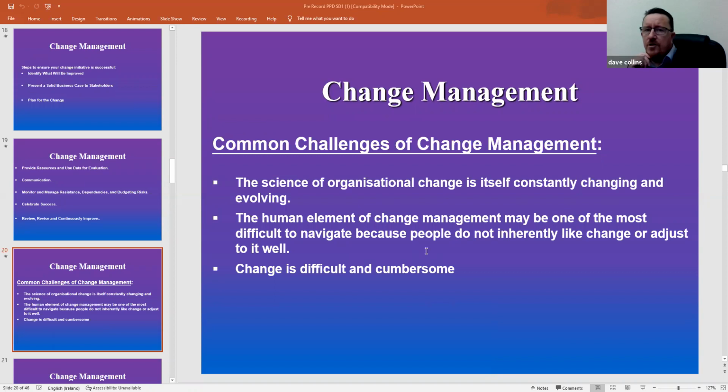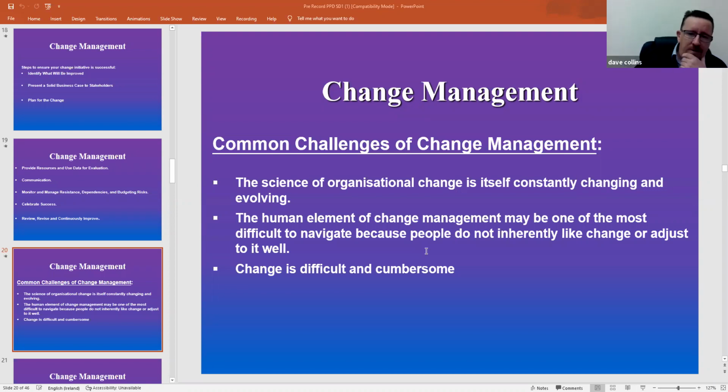So some of the common challenges of change management. The science of organizational change is itself constantly changing and evolving. The human element of change management may be one of the most difficult to navigate because people do not inherently like change or adjust to it too well. Change is difficult and cumbersome, and it's true.